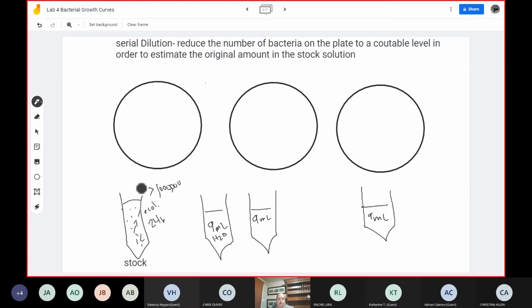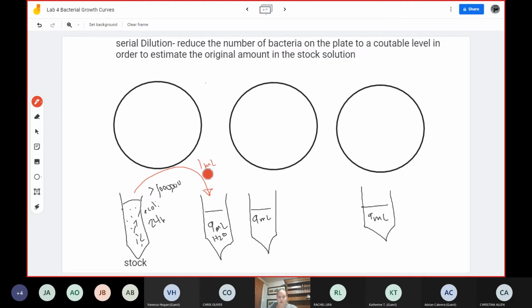And what we're going to do is pipette. Let's change colors here. We're going to pipette, like we did on the last slide, 0.1 milliliters, or no, not 0.1. Sorry. We're going to pipette 1 milliliter of the stock solution into our first tube.